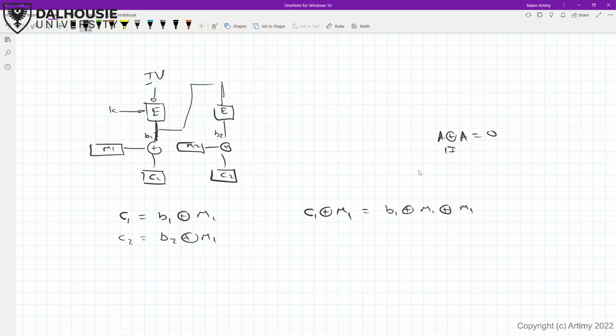So 1 XOR 1 is 0, and 0 XOR 0 is 0. So these two cancel each other. So the result will be B1. So if somebody managed to get their hands on the message and on the cipher, they can simply XOR them together and get the one-time pad.